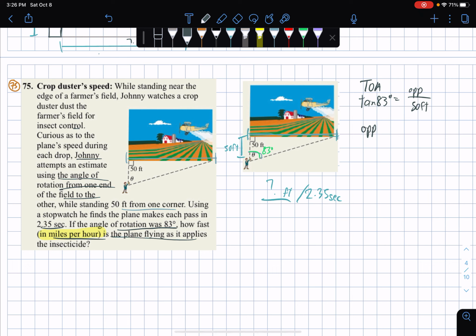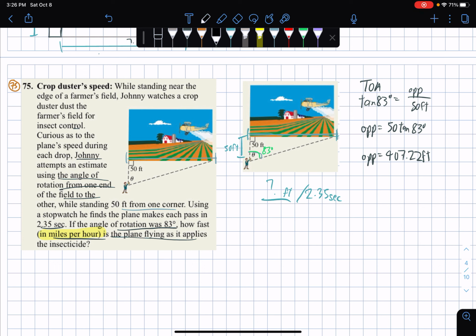So opposite side is equal to 50 tan 83 degrees. Opposite side is equal to what? 50 tan 83 degrees. We get 407.22 feet.